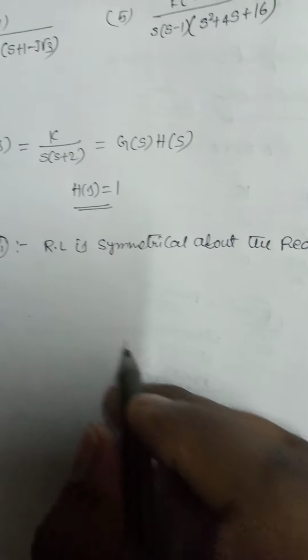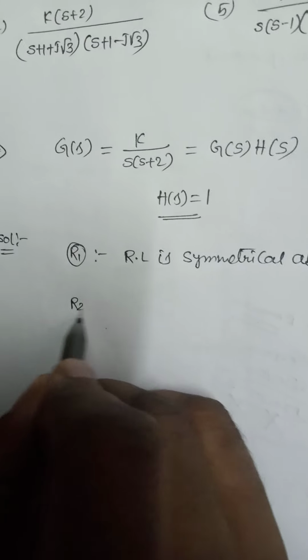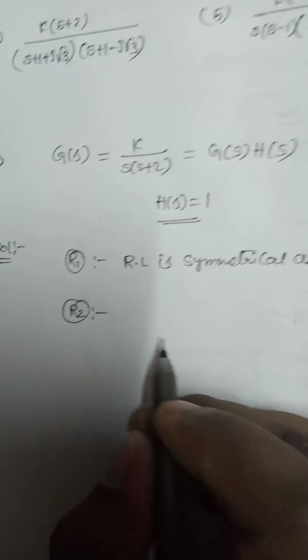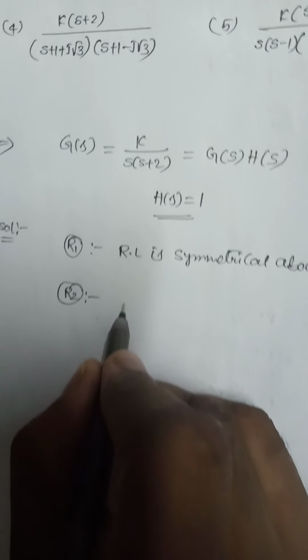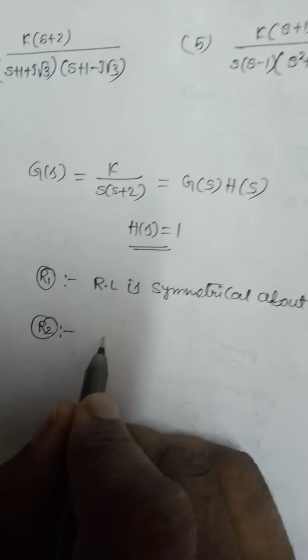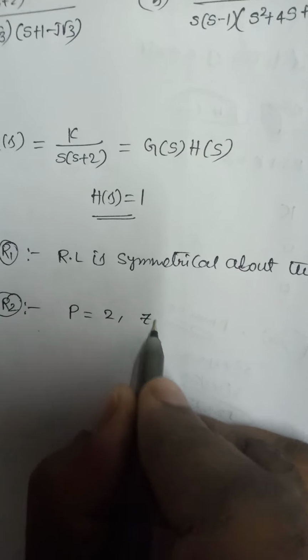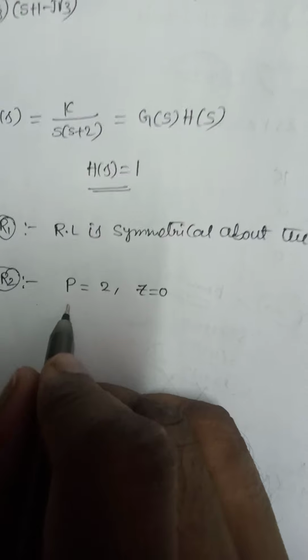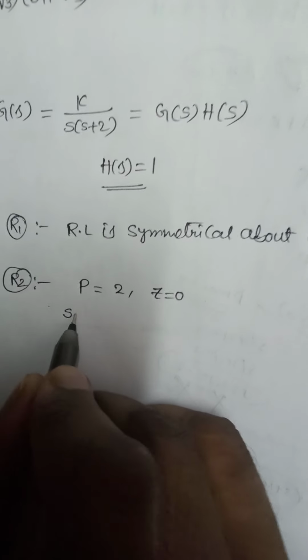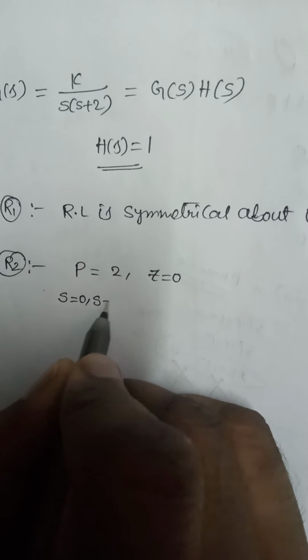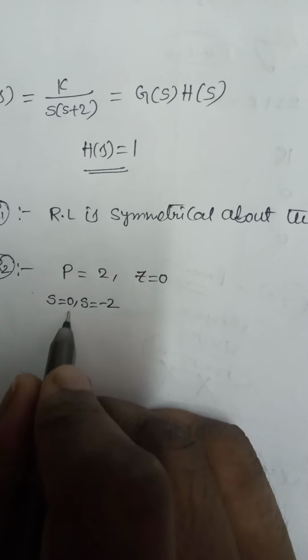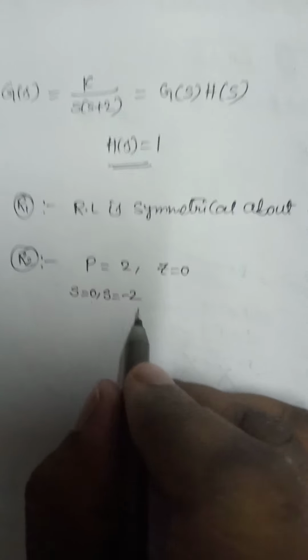So coming to rule number 2 here. Here the number of poles P is equal to 2 and the number of zeros Z is equal to 0, and the poles are s = 0 and s = -2. These are the locations of the poles.